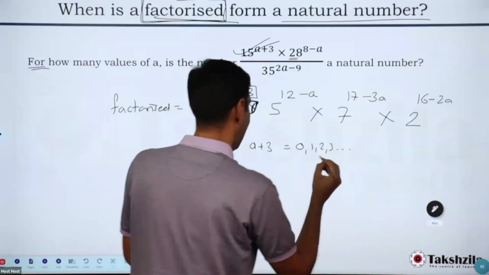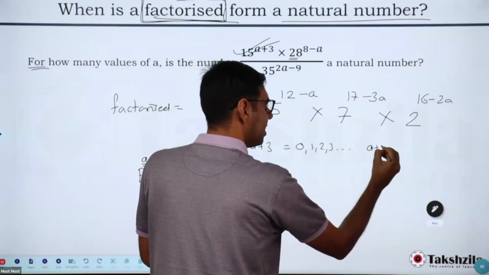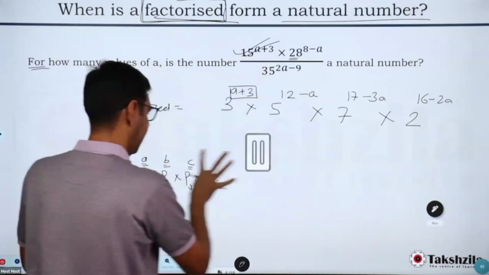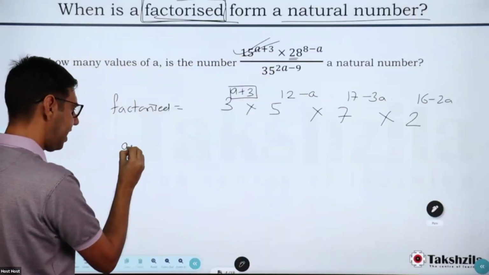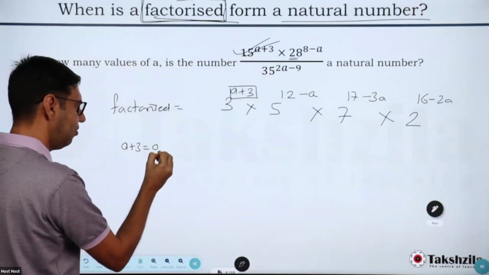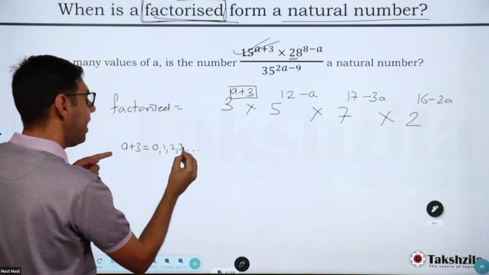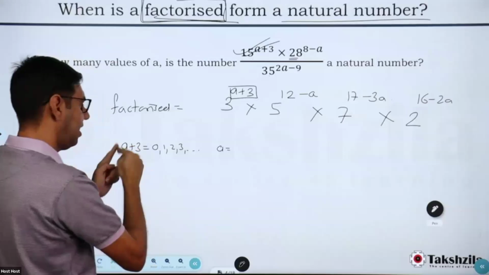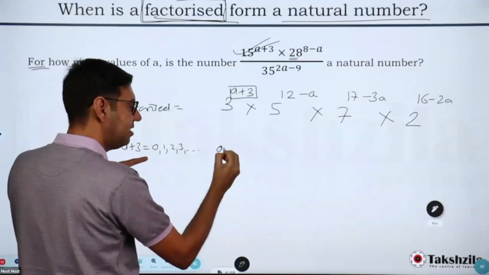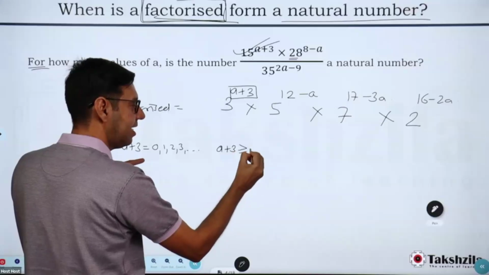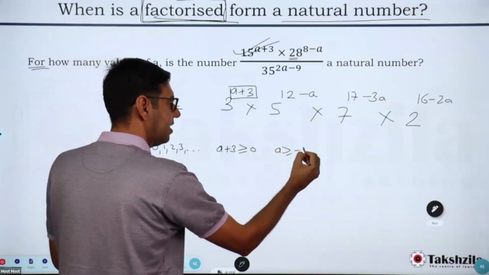A plus 3 could be 0 or 1 or 2. It cannot be decimals also. Okay, so what will A become? The 3 will go to the minus side, or algebraically you will write A plus 3 is greater than or equal to 0. A is greater than or equal to minus 3.